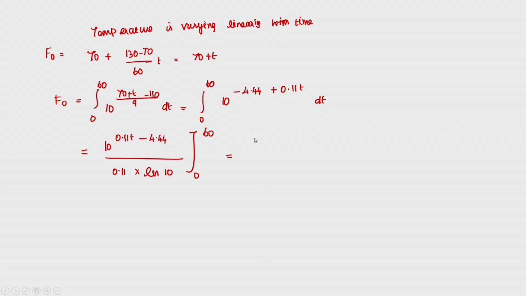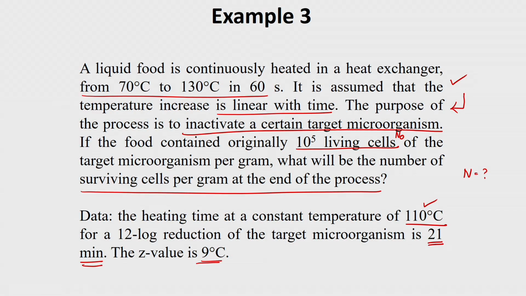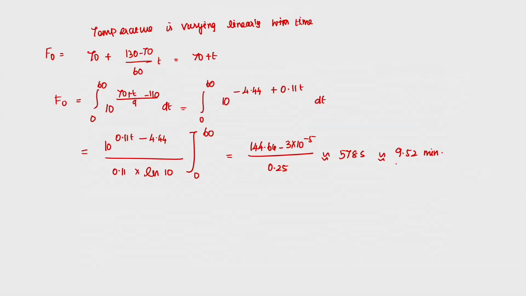So, what happens is 1.144.64 into 10 to the power of 3 into 10 to the power of minus 5 upon 0.25, which is coming around 578 seconds, or approximately 9.52 minutes, right. So, for the given reference process of 12 log reduction at 110 degree, 21 minutes, with the Z value of 9 degree, the equivalent process value we have calculated here is 9.52 minutes.